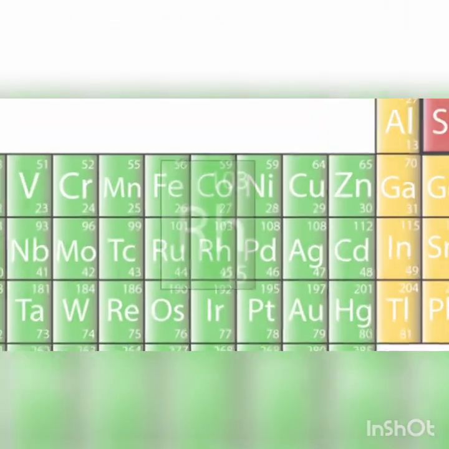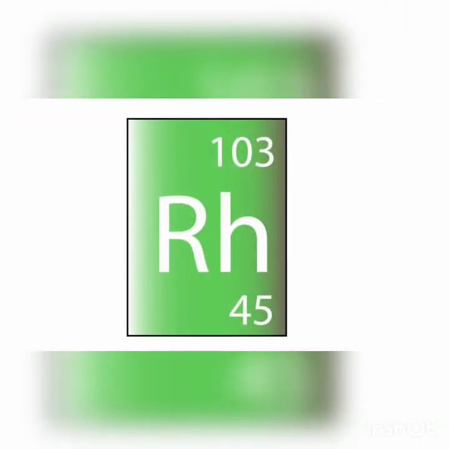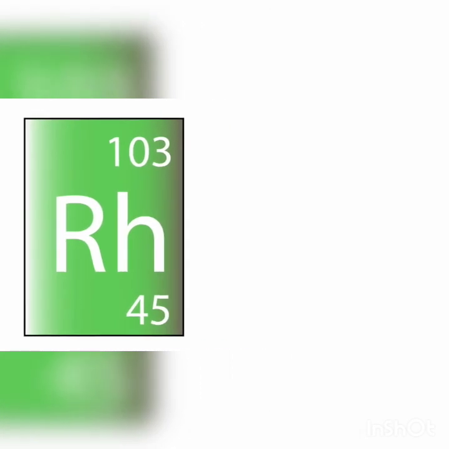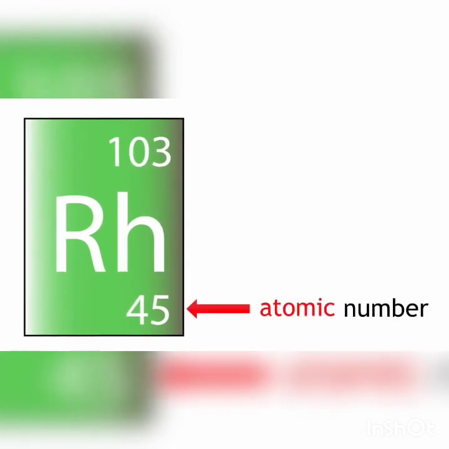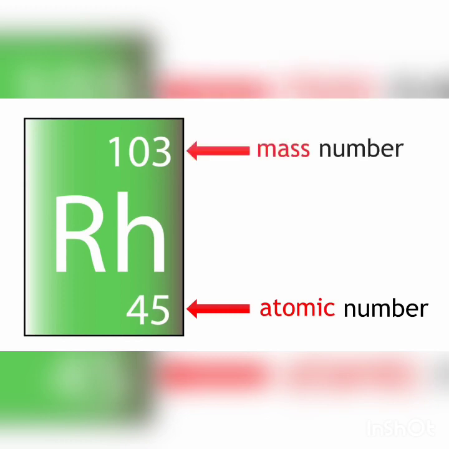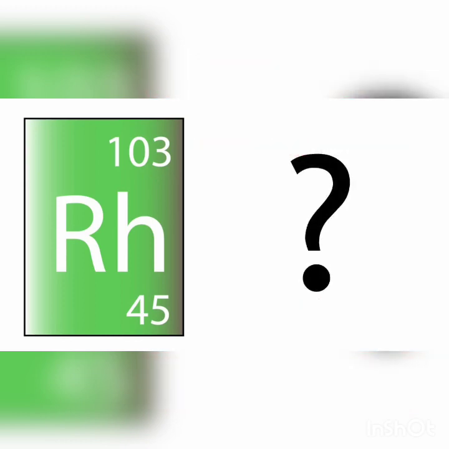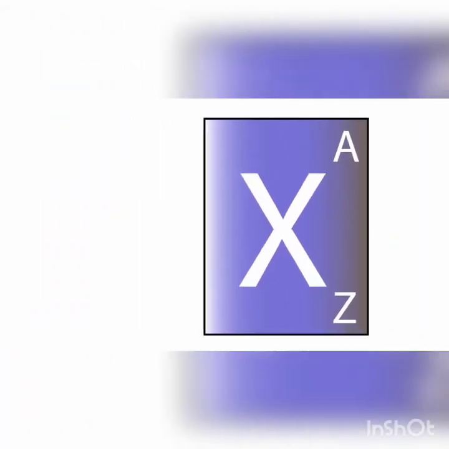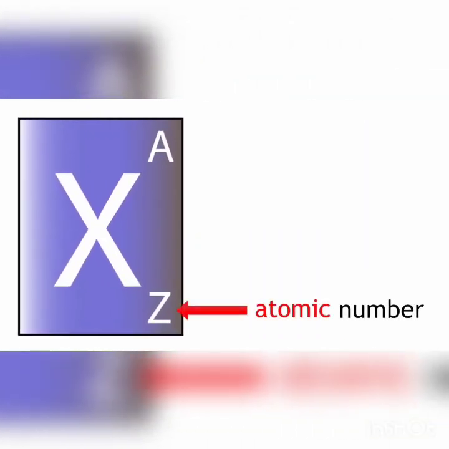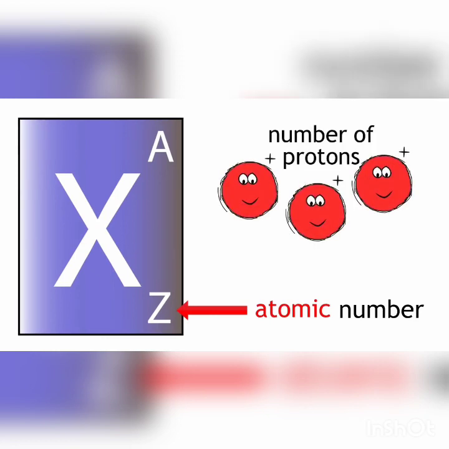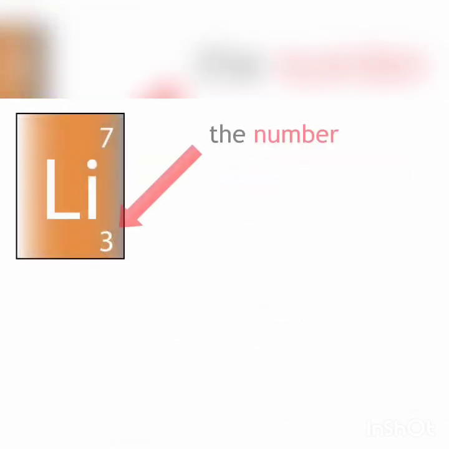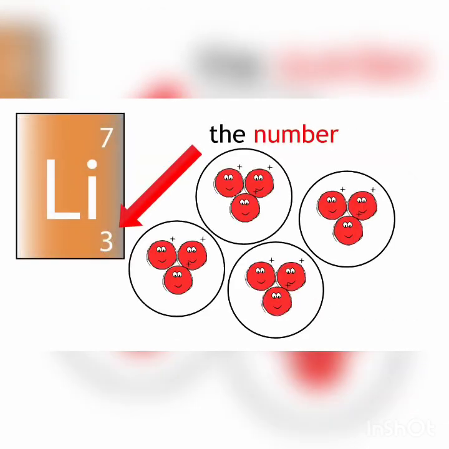When you look at the periodic table, you see that each element has a box. Within the box, you find two numbers, the atomic number and the mass number. What does it mean? The atomic number has the symbol Z. This number is just the number of protons in one atom of an element. The lithium element contains 3 protons in each atom.